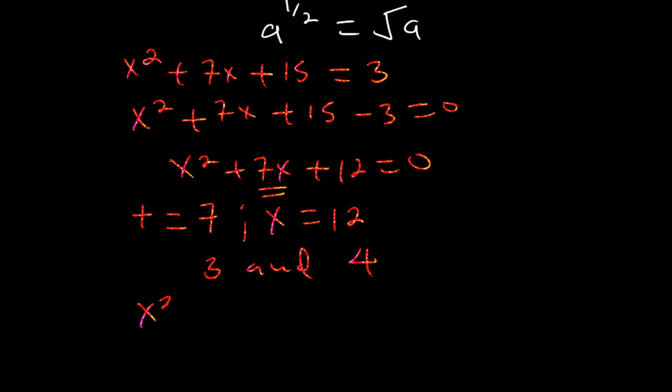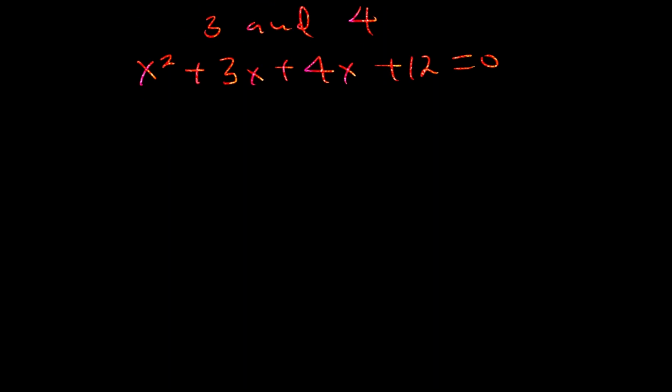We have x squared plus 3x plus 4x plus 12 equals 0. For the first pair, the common factor is x. x into (x plus 3). We expect to have x plus 3 in the other bracket, so for us to obtain 12, we multiplied 3 by 4. So we have 4 outside the bracket, and that equals 0.